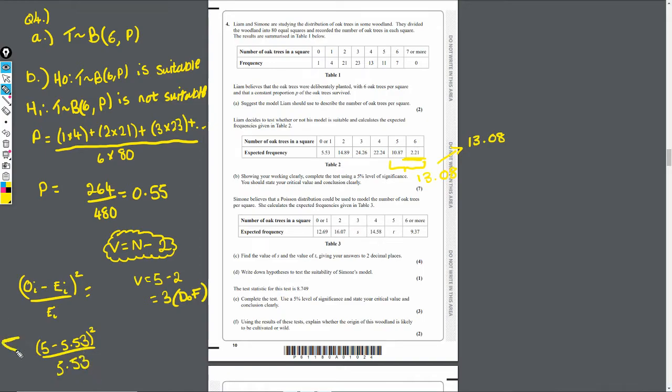Plus, you do it again: 21 minus 14.89, all squared, and then you divide that by 14.89. You're going to have to keep doing that all the way up to the very last one, which will be your 5th column.